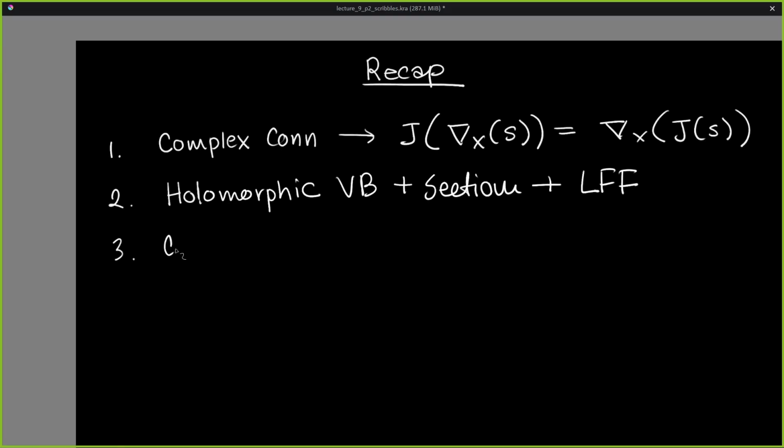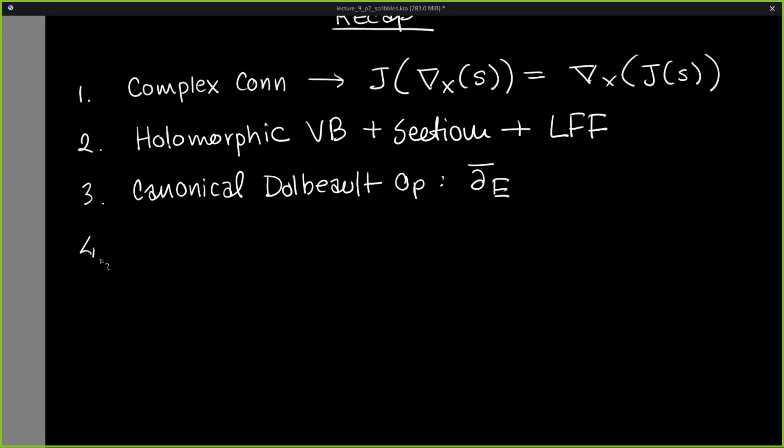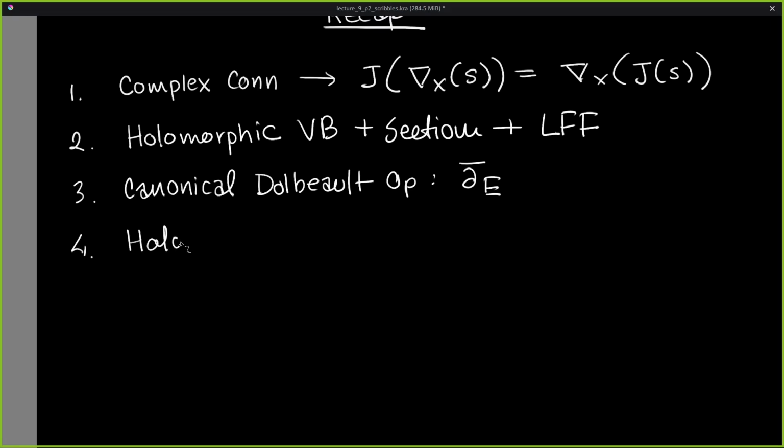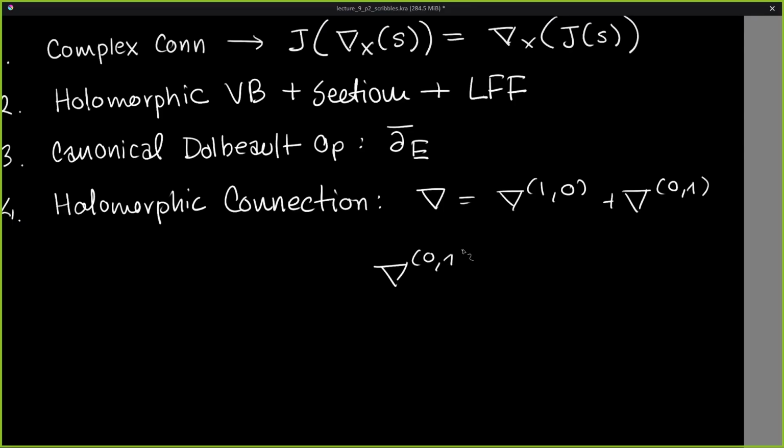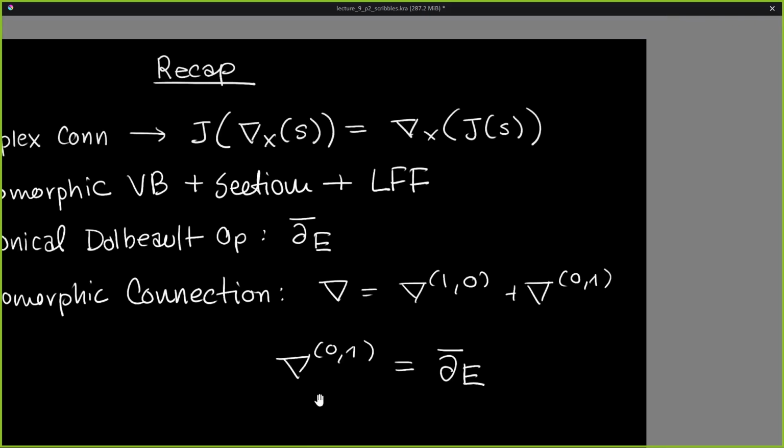Then we defined the canonical Dolbeault operator, partial bar E, and we used that to define a holomorphic connection, one for which if nabla is equal to nabla 1,0 plus nabla 0,1, then nabla 0,1 is equal to partial bar E. And we showed that this is equivalent to the connection respecting the holomorphic structure.